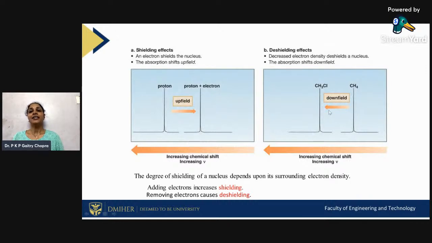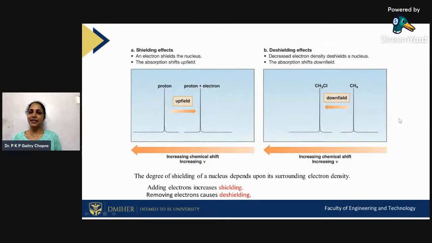So if it is shielding, your proton or your nucleus is shielded by the neighboring electrons, your signal shifts upfield. And if your proton is de-shielded, that means the electron density around the proton is less, it becomes de-shielded and shows signal downfield. So adding electrons increases the shielding, and removing electrons causes de-shielding.